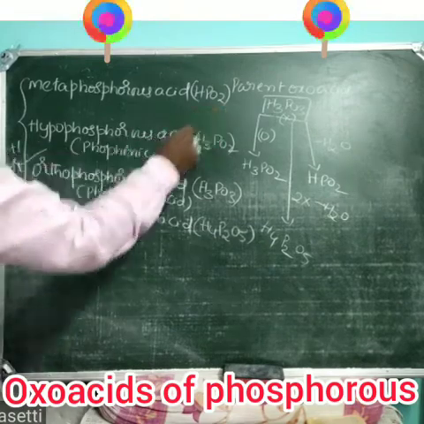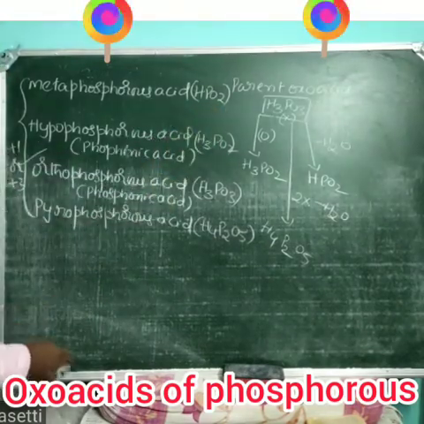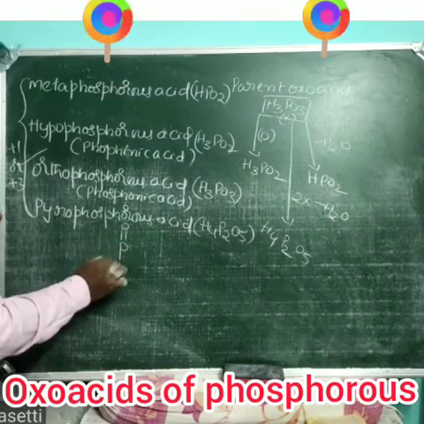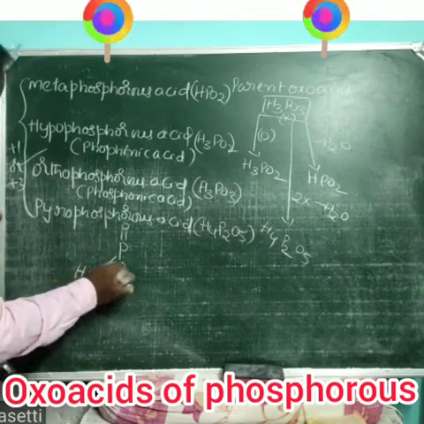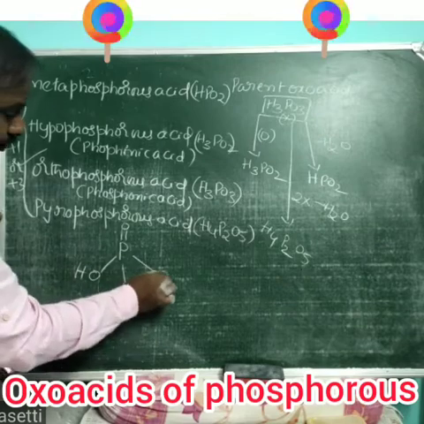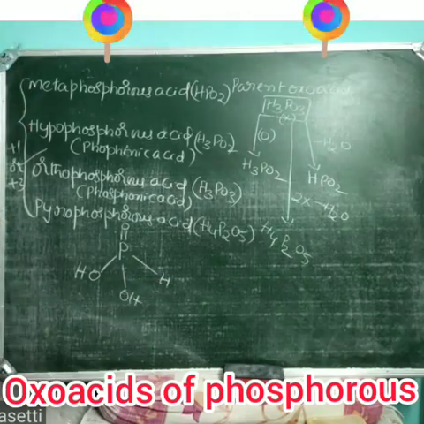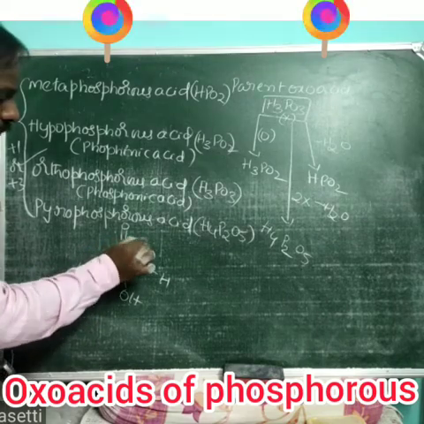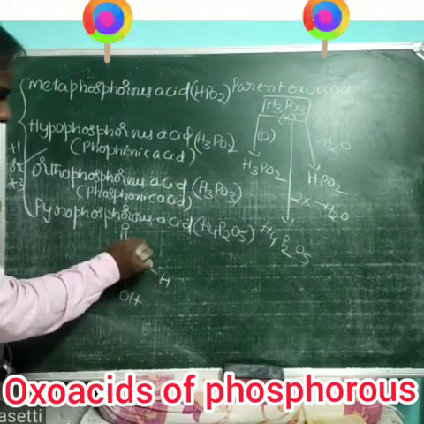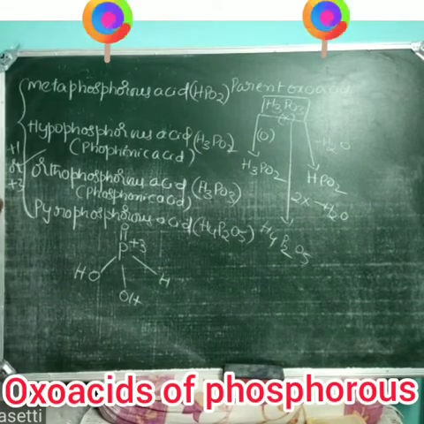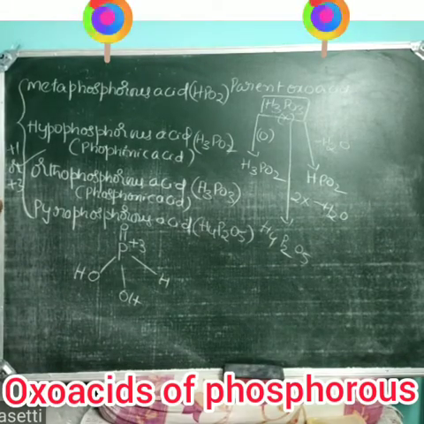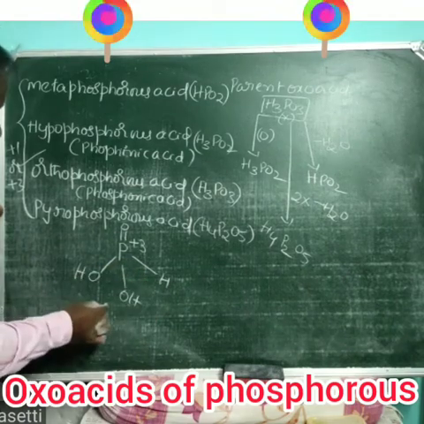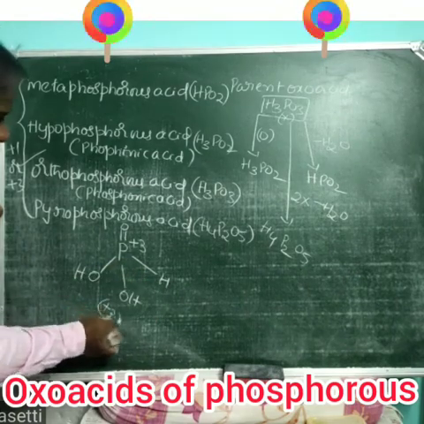Let us see the structure of H3PO3. H3PO3 structure will be like this. In H3PO3, the oxidation state of phosphorus is +3. So how many hydrogens are there? 3, so plus 3.